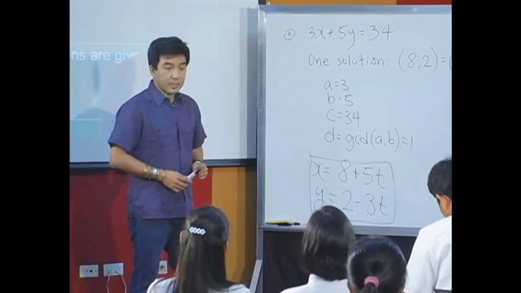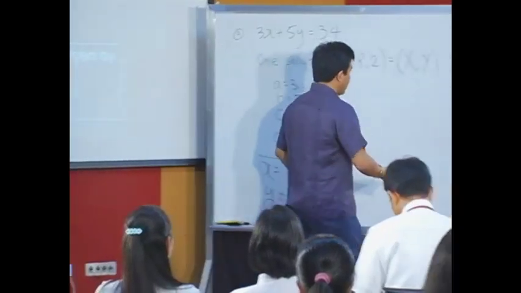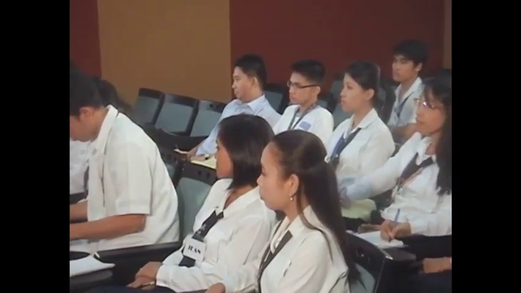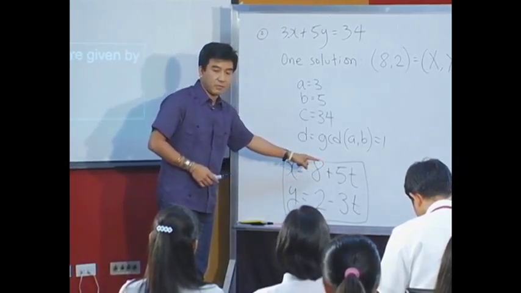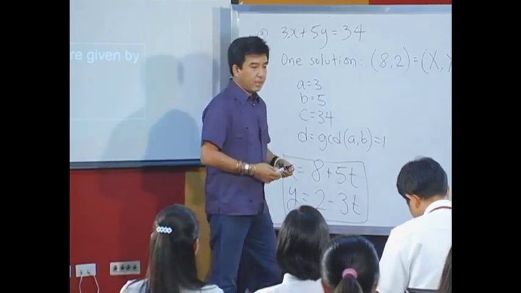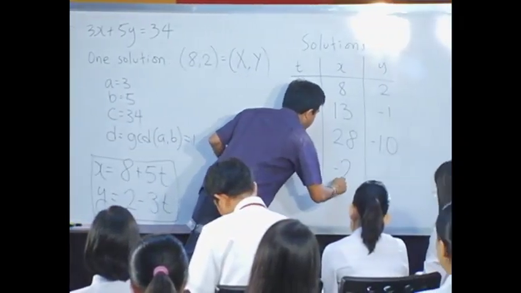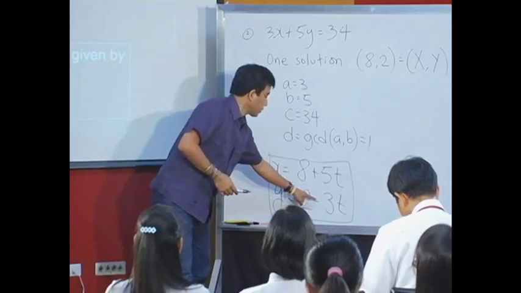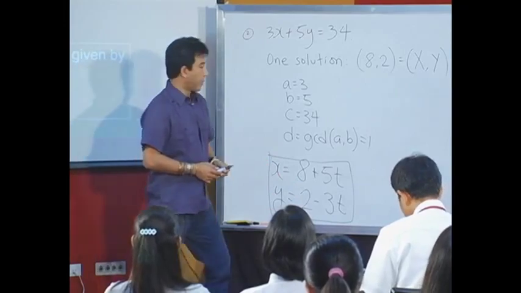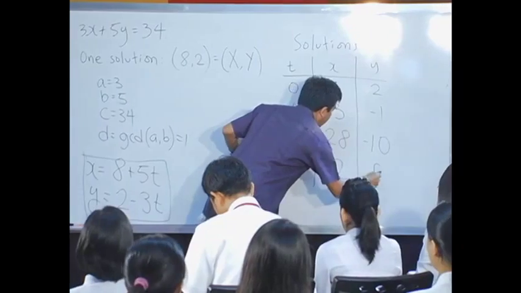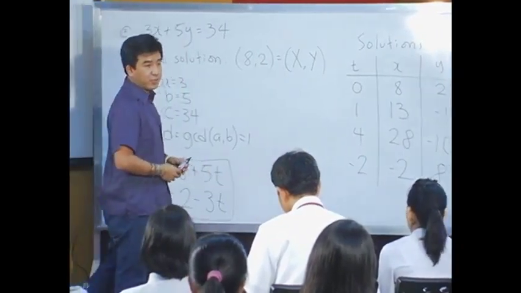In fact, we can replace t with negative numbers. Let's say negative 2. If t is negative 2, we have 8 plus 5 times negative 2. That's 8 minus 10. This is negative 2. Y is equal to 2 minus 3 times negative 2, positive 8. In fact, this is one of the solutions that we wrote down.